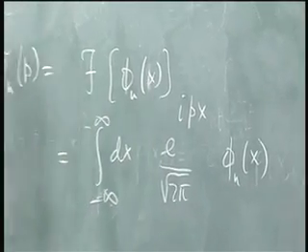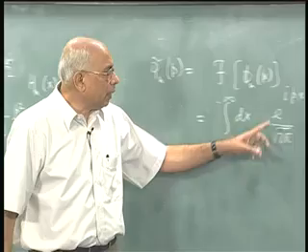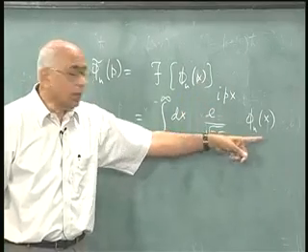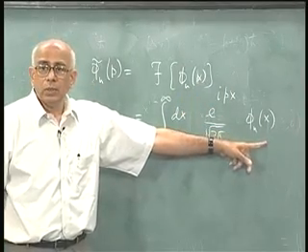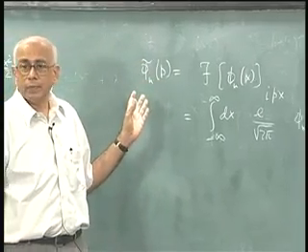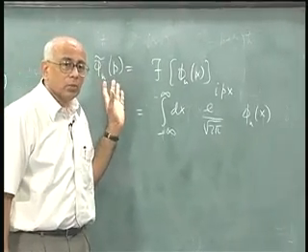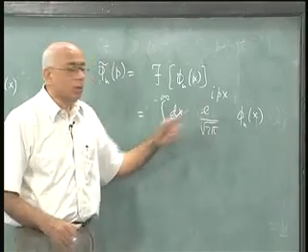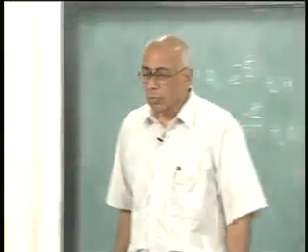So I could regard this as an integral operator with kernel e to the i px acting on a function in L2 to produce another function in L2, because this is square integrable. This is normalized to 1, mod phi n of p whole square dp is 1, and so is mod phi n of x, and we know that the Fourier transform of an L2 function is also L2.